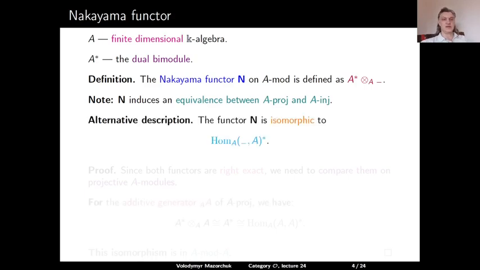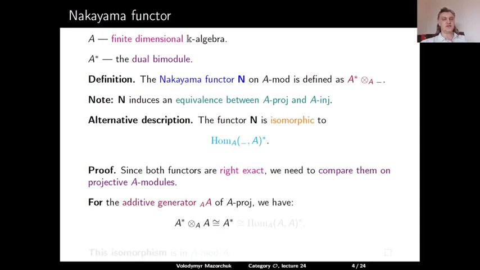The Nakayama functor has an alternative description as the functor of homing from blank to A and then taking the K duality star. To prove this, we note that both functors, tensoring with A dual and Hom from blank to A dual, are right exact by definition. So to prove that they are isomorphic, we need to compare them on projective A-modules.